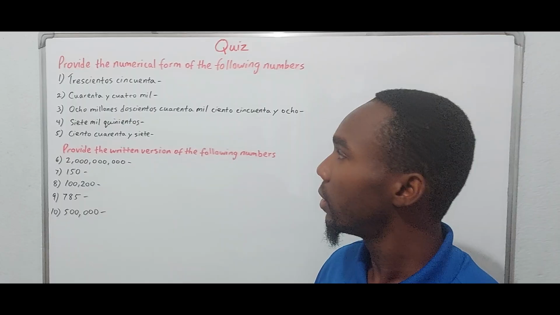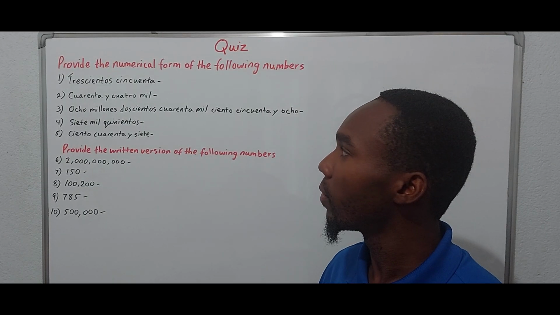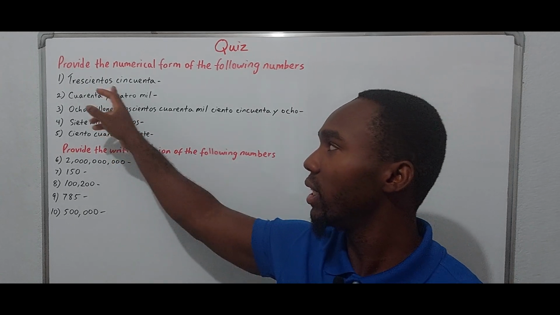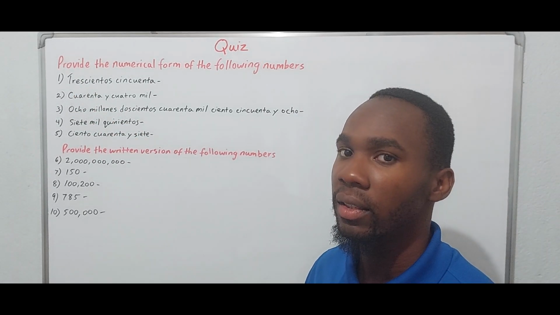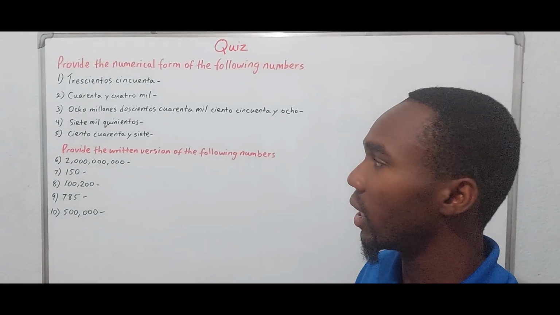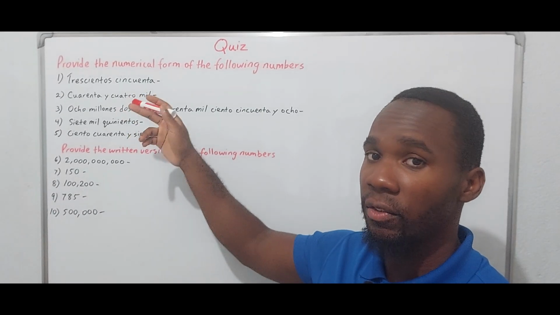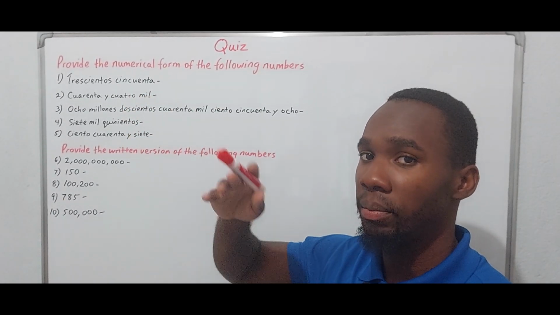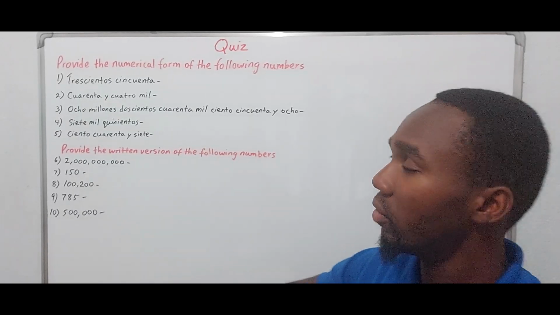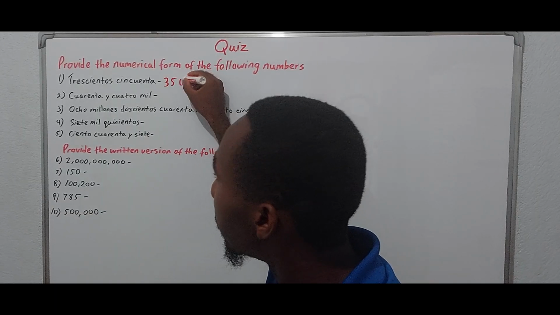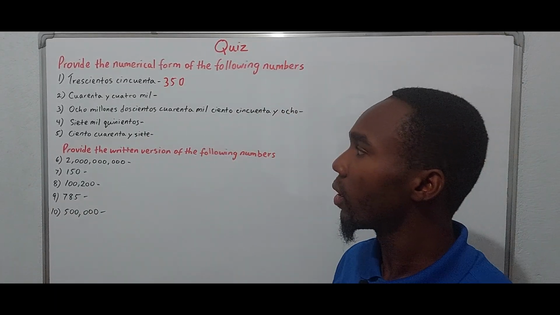Now, número 1. Trescientos cincuenta. So let's break it down. 300. What is that? Trescientos. So that is 300. And then we have cincuenta, which is 50. So 300 plus 50 is 350. Muy bien. 2.